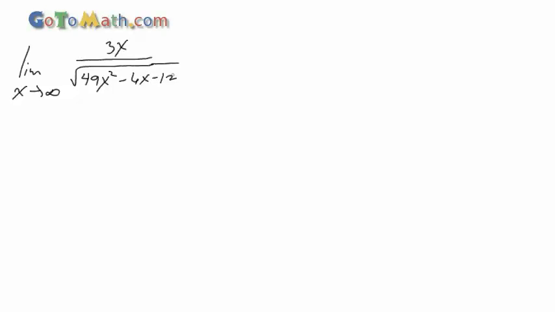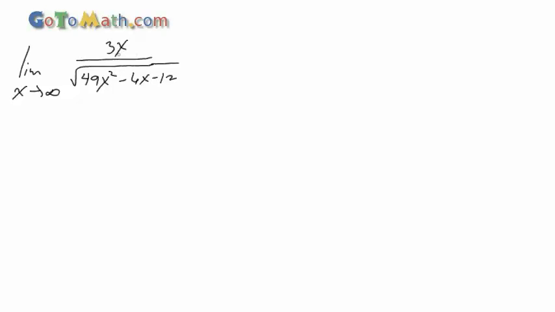Now what we're going to do here is, well, I'll just tell you, we want to take this radical right here and actually take the radical of the whole thing. So how we're going to do that, it's actually pretty simple.